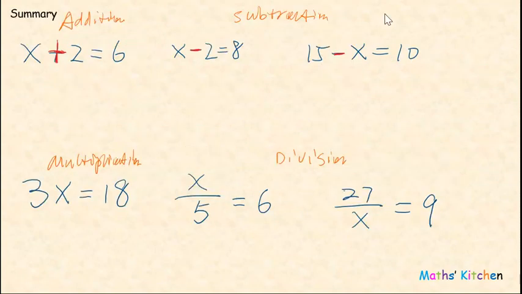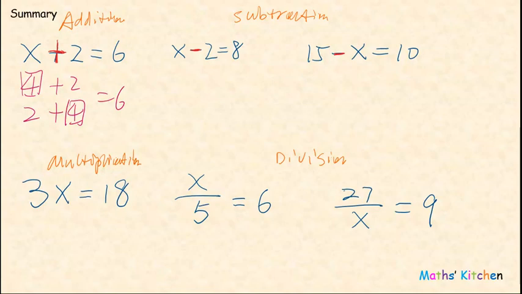Now let's summarize. We learned addition. Addition, it doesn't matter x in front or x in back. If x equal to 4, it's just like 4 plus 2 or 2 plus 4. It's the same, just equal to 6. And the same as multiplication, it doesn't matter x position.